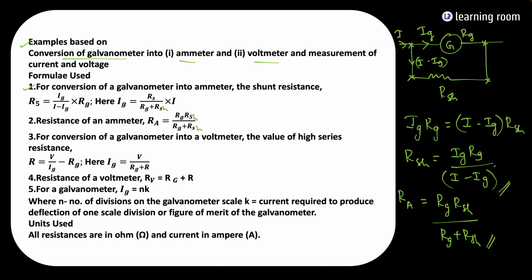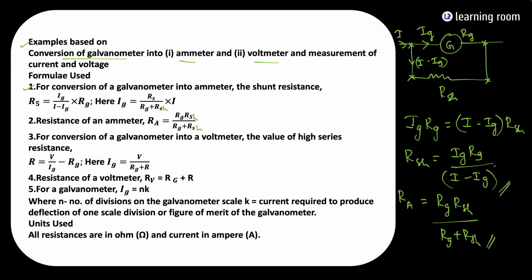This kind of a question can also be framed in assertion reason. They give you a statement: shunt value should be less or more. Should you calculate a high resistance value in parallel with the galvanometer or a low resistance value in parallel? Low resistance. And why do you do that? You should know the reason, so that you allow maximum current to it.